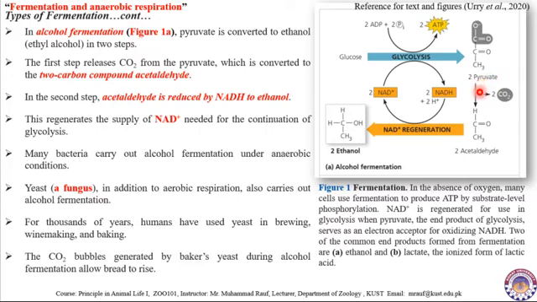Now these 2 molecules of pyruvate will release 2 carbon dioxide molecules. The remaining 2 carbon portion is called acetaldehyde, and then the NADH gives its electrons to acetaldehyde and converts it into ethanol, and this NAD is available to participate in glycolysis again.